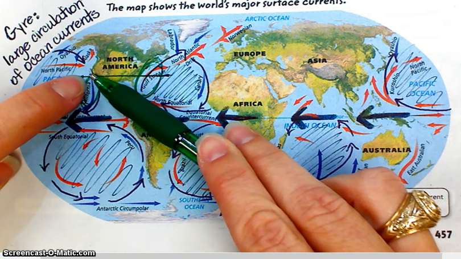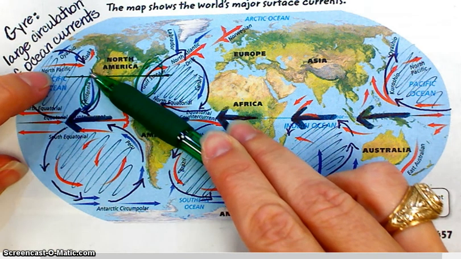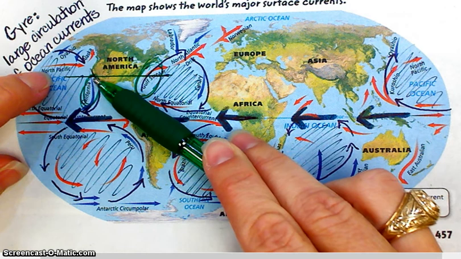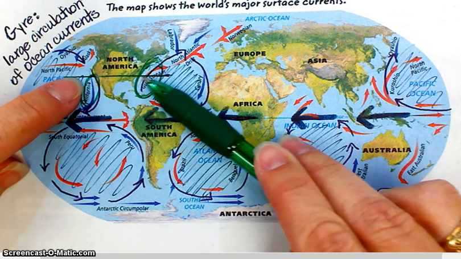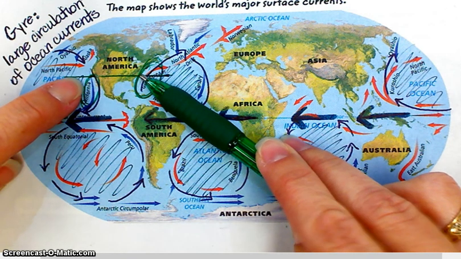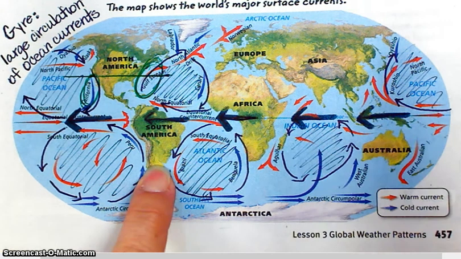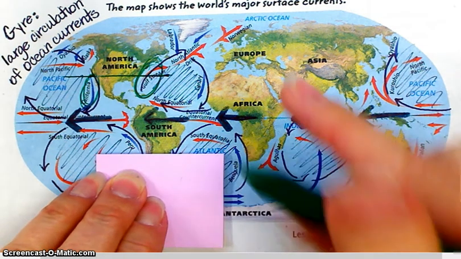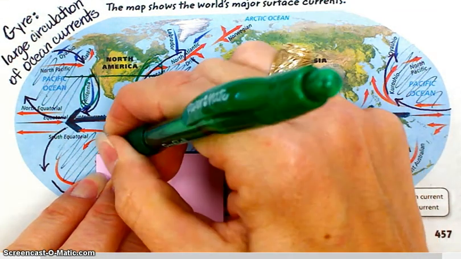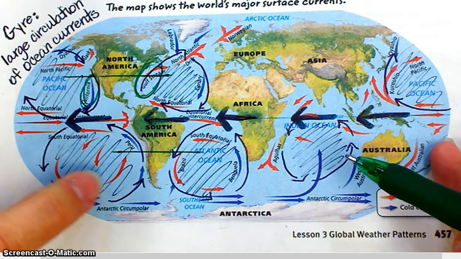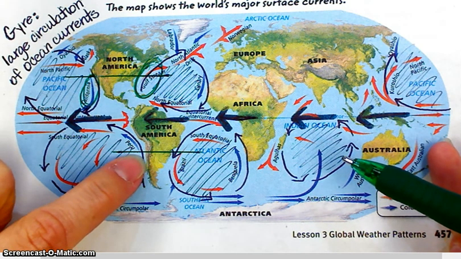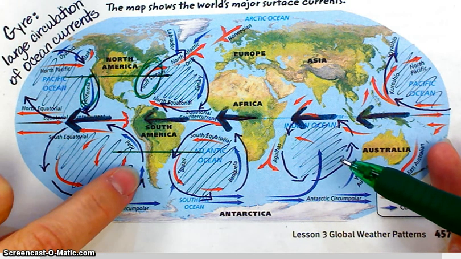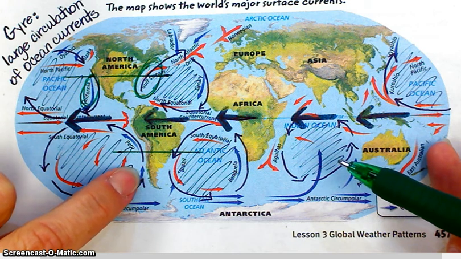If I'm looking at the west coast, a lot of times its weather will be a little bit cooler compared to a location over here of the same latitude. Okay, down here, let's go to South America. Let's say we're at 30 degrees south down here in South America. Okay, notice that on this side of South America, it's being influenced by these blue cold water currents.